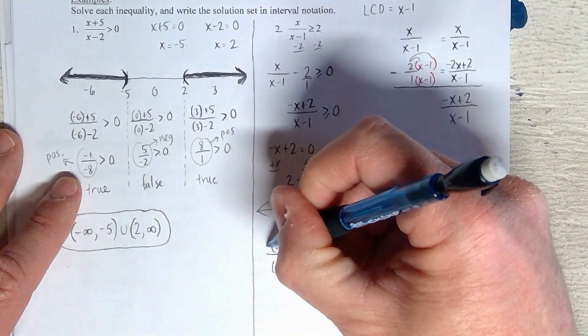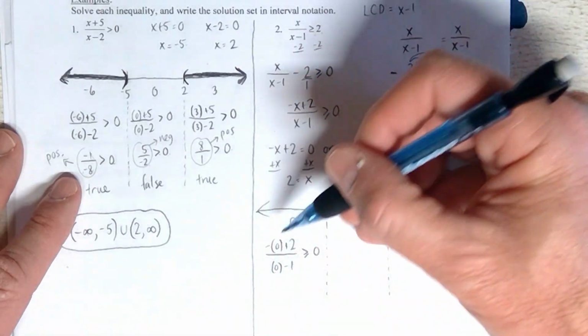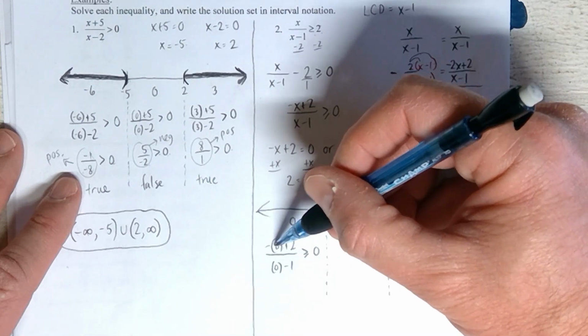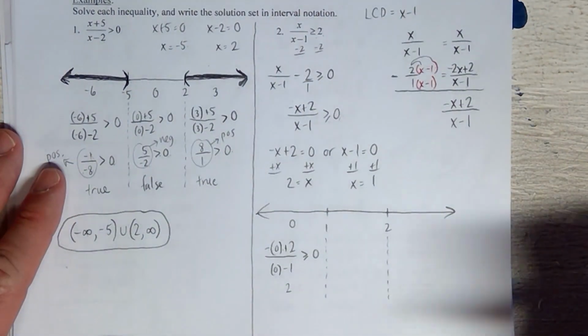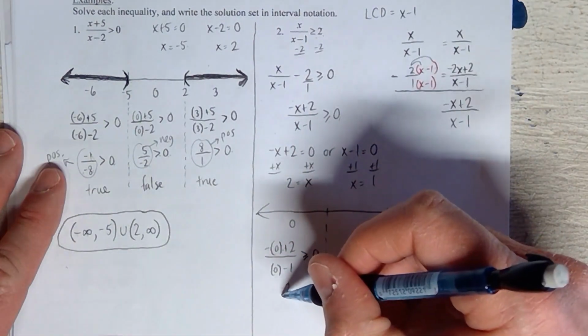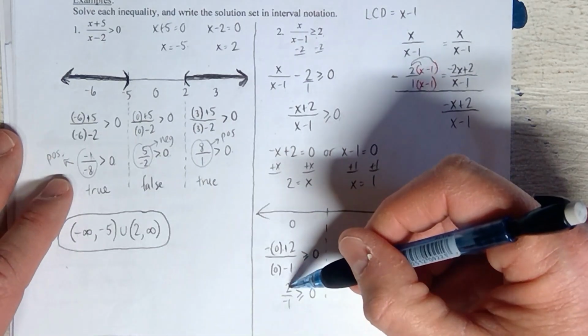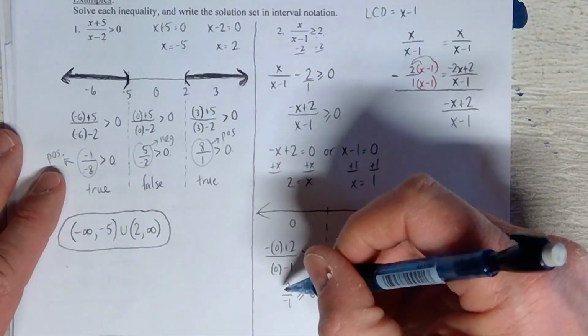Remember when you have negative and then x, that means negative 1 times x. So this is negative 1 times 0, which is 0. And then 0 plus 2 is 2. Down here we just have 0 minus 1 is negative 1. Now, remember what we said. Positive divided by negative, just like this one up here. That's negative, isn't it?